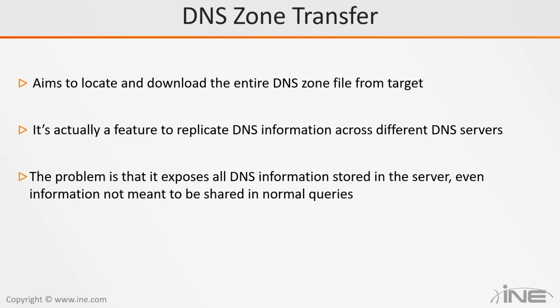The problem is that it exposes all DNS information stored in the server, even information that's not meant to be shared, such as comments, text files with private information, and portals which are supposed to be resolvable by certain users under certain circumstances, but not by everyone. For example, VPN portals.